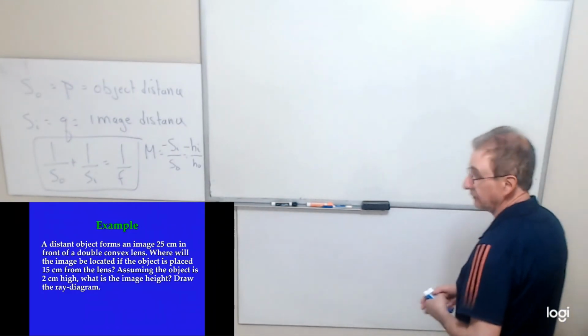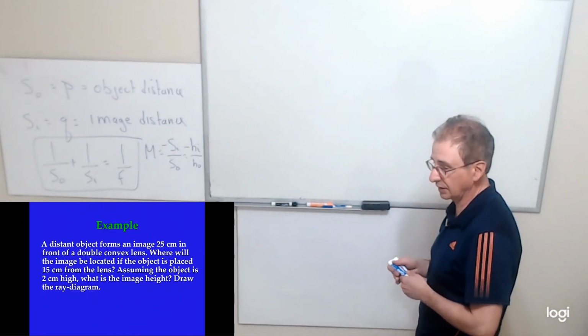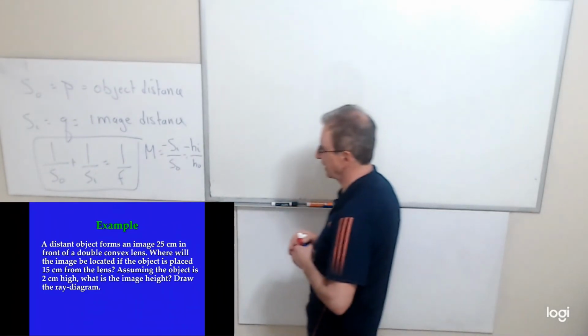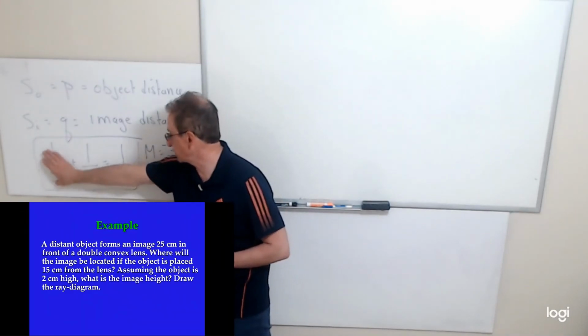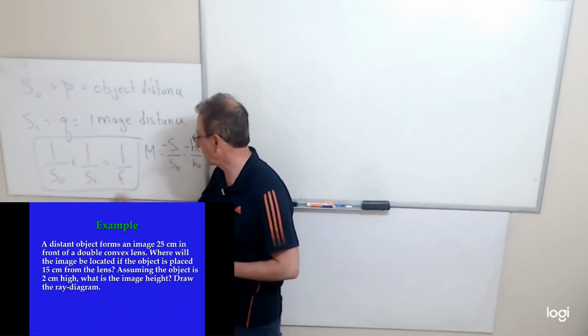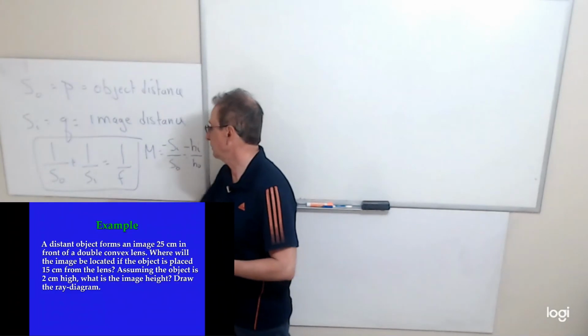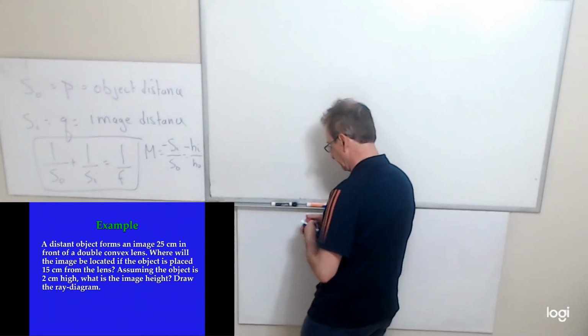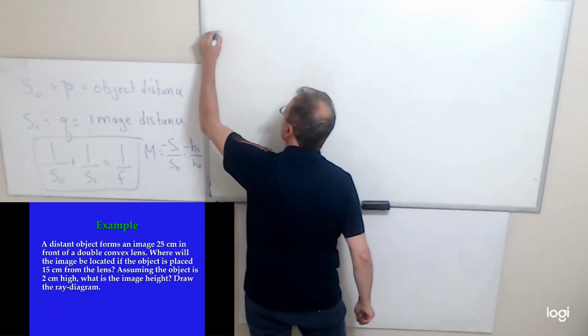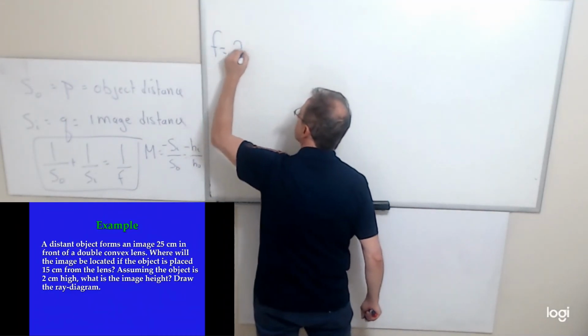Let's see, we're given that a distant object forms an image 25 centimeters in front of the lens. Well, that means that the object distance was really large. 1 over S_o is 0. That means 1 over S_i equals 1 over f. That means S_i equals f. So the focal length of this lens is 25 centimeters.